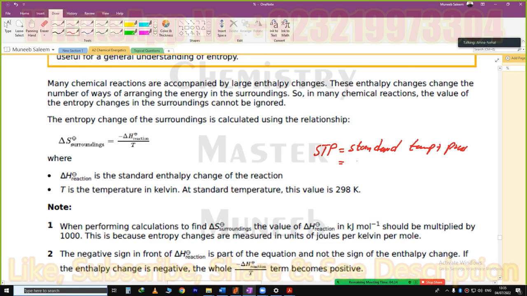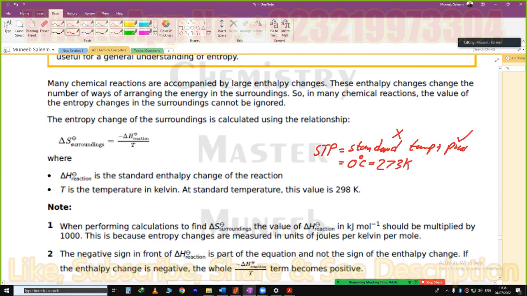I think the standard temperature was 24 degrees Celsius, and the standard pressure was 1 atmosphere. Okay, the pressure you have given me is correct, but the temperature is wrong. Standard temperature is equivalent to 0 degrees centigrade.